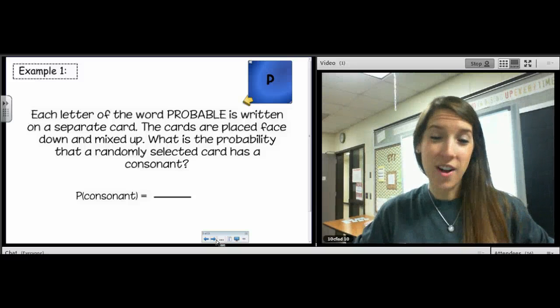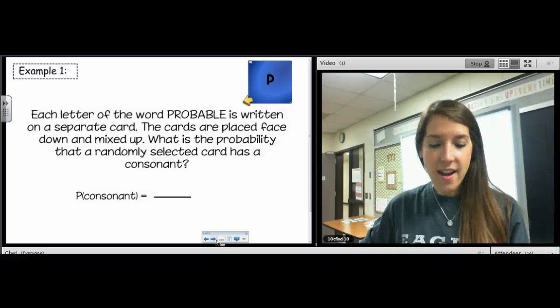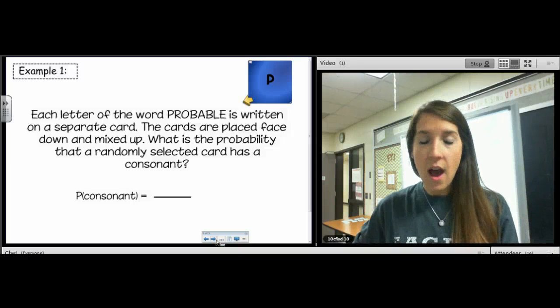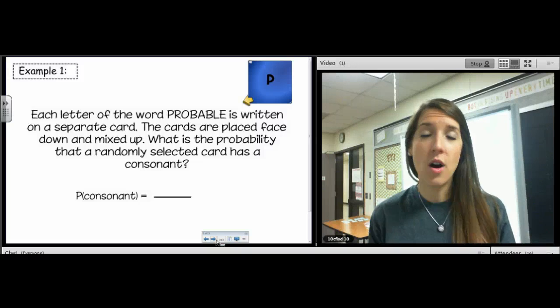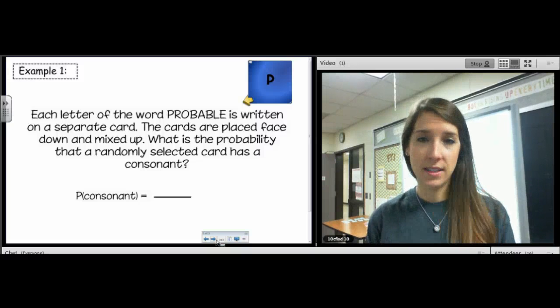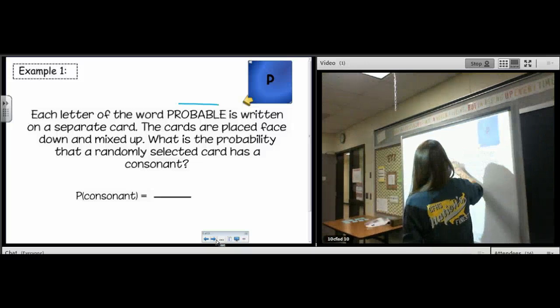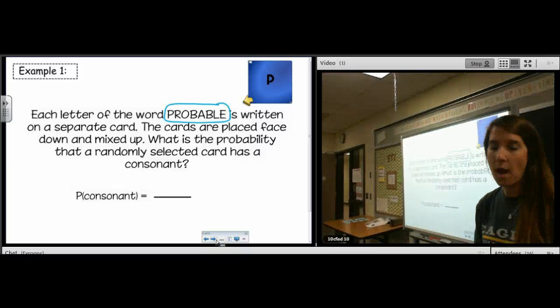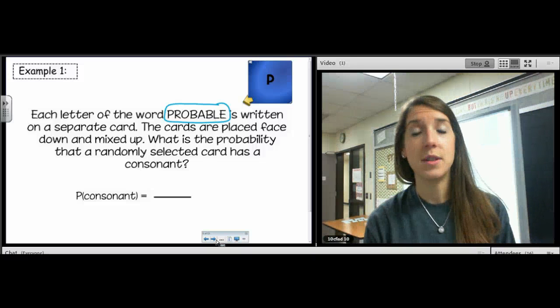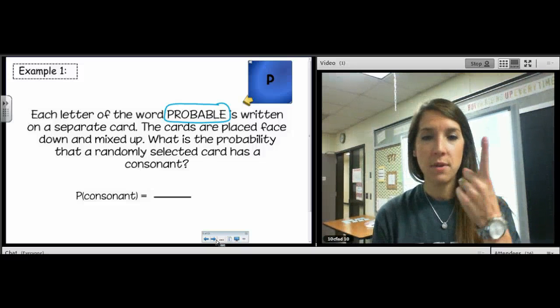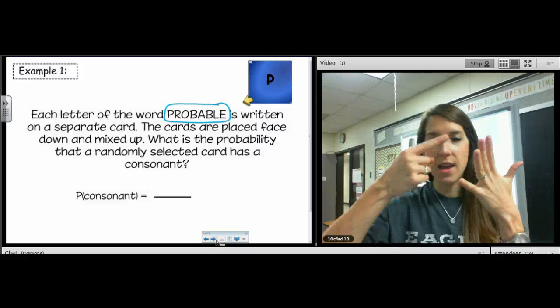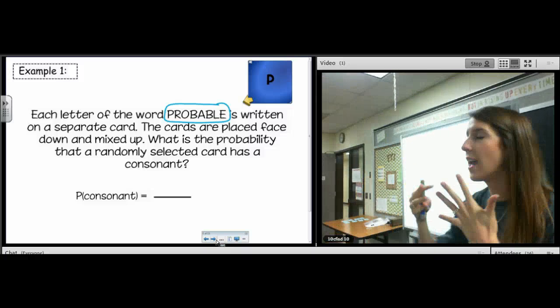So first you have to know what a consonant is, right? Now when I'm finding the probability of things, I always do the total first, because we want to make sure that our baseline is good, that our total is correct. So what is the number of items in the sample space of probable? How many items are in the sample space? P-R-O-B-A-B-L-E. 8 letters, right?